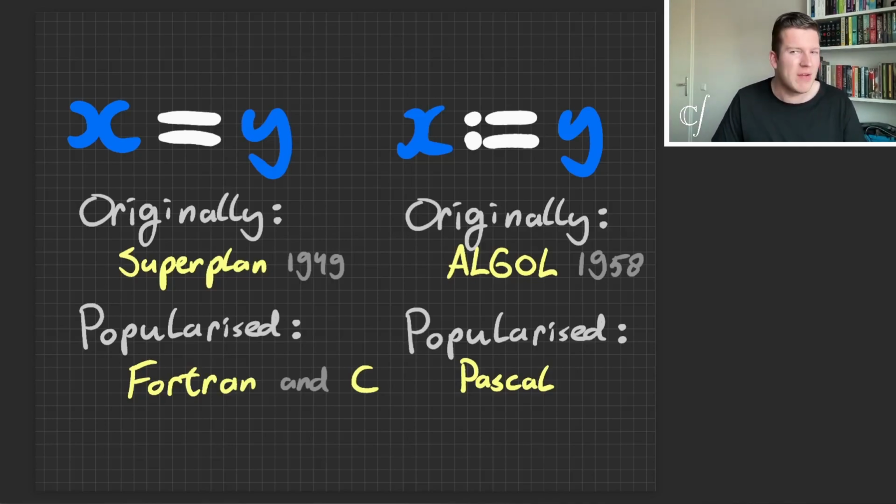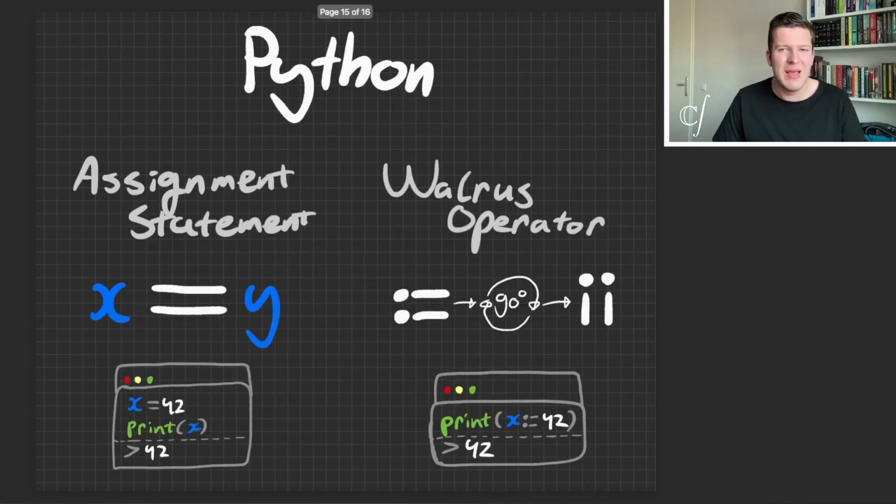Now, one quick fun fact that I want to leave you with here is Python. Python actually implements both of them. Python has the equal sign, and that is an assignment statement in Python. So you can't do this print x equals 42. But as of Python 3 point something, I want to say 5 or 6, they have something they call the walrus operator.